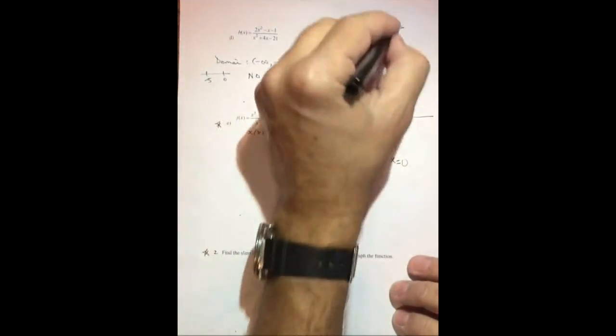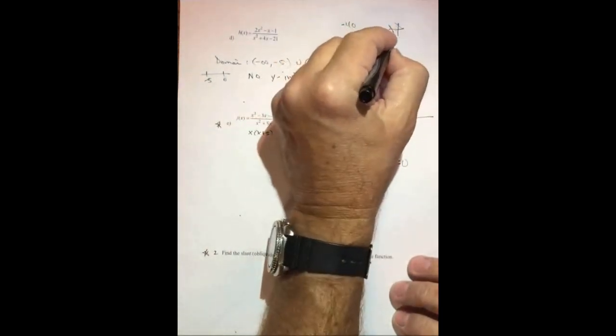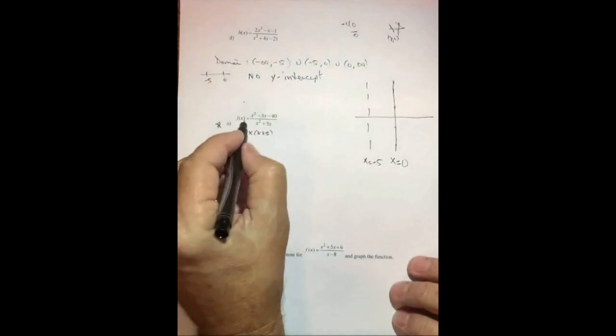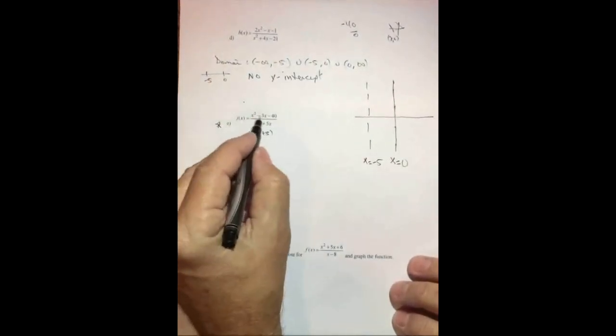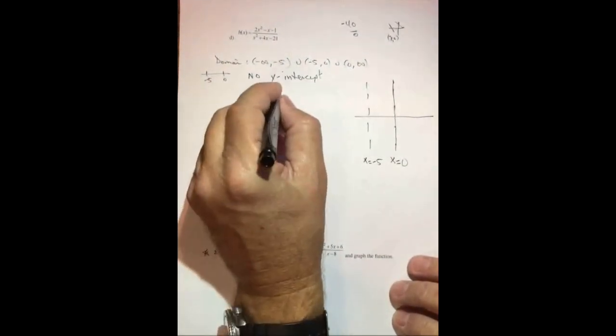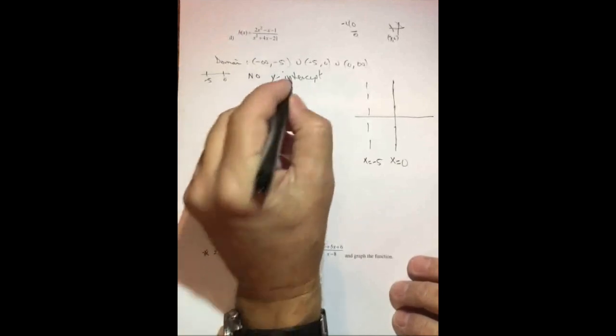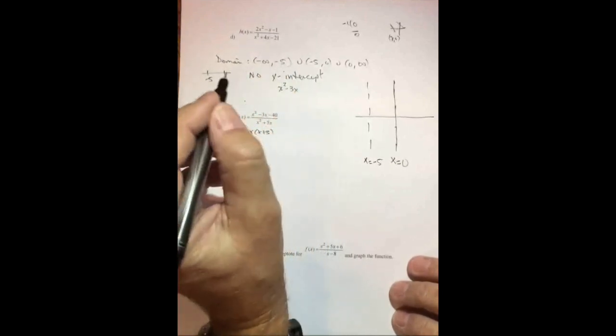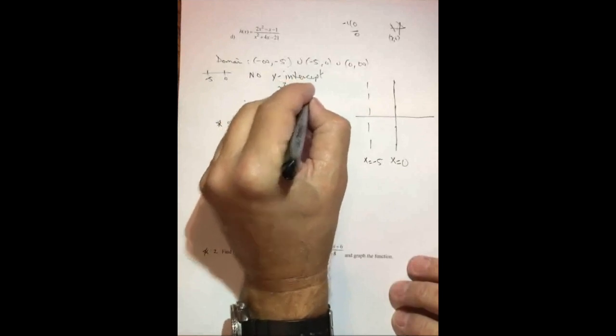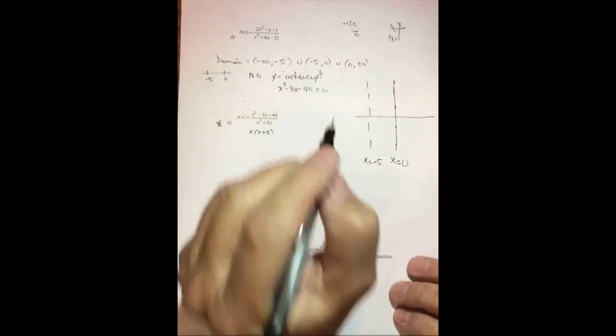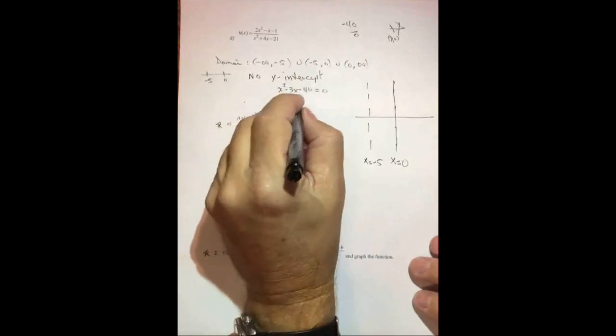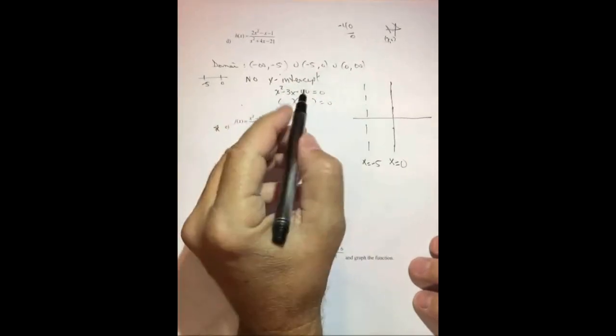How about that? Now for an x-intercept, y is 0. So if I set this equal to 0, when can a fraction be 0? Well, only when the top is. Now, luckily, we're very lucky here in that this factors.